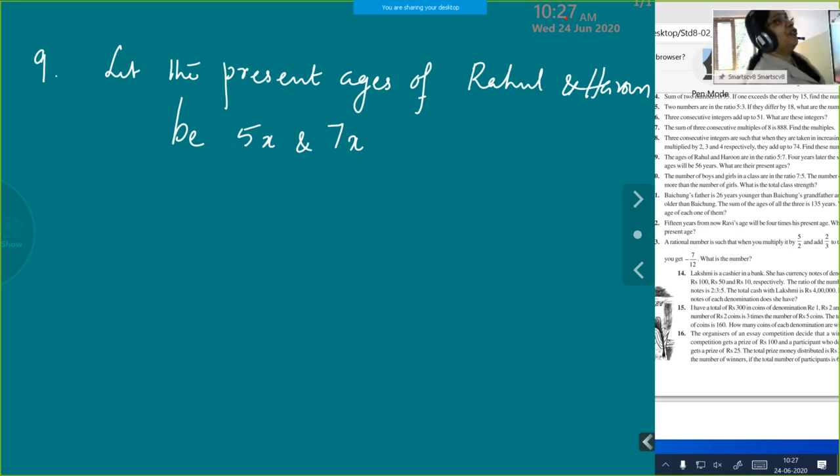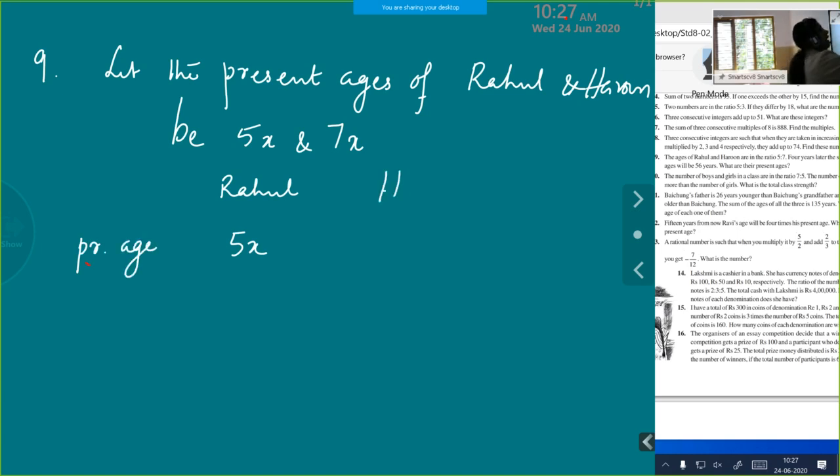Now, what is given? 4 years later. Rahul is 5x, this is the present age, and Harun is 7x. Now, what is the meaning of later? After 4 years.